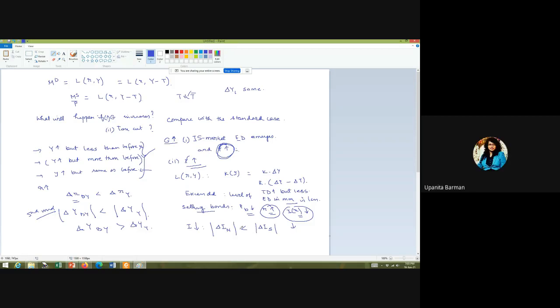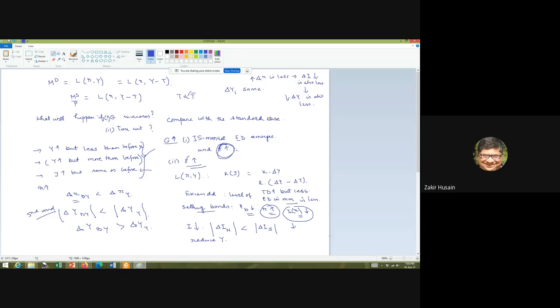Yes sir. Okay. Now in the second round, what happens? Because R is going up, I falls, and this is going to reduce Y. If the increase in R is less, that means the decrease in investment is also less. So the decrease in Y is also less in this model.